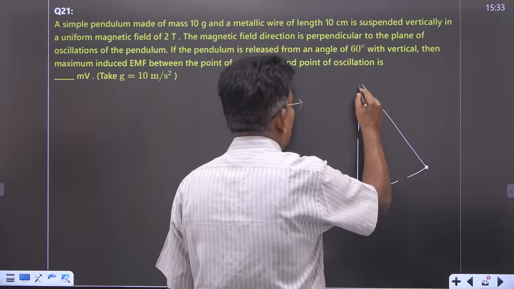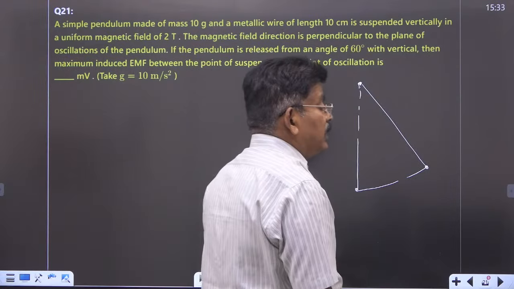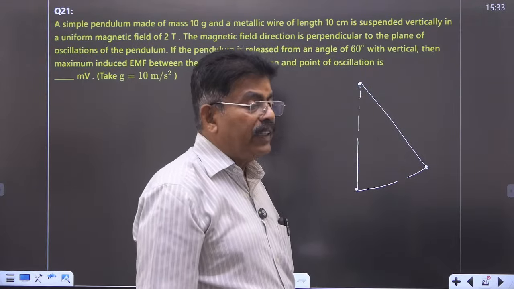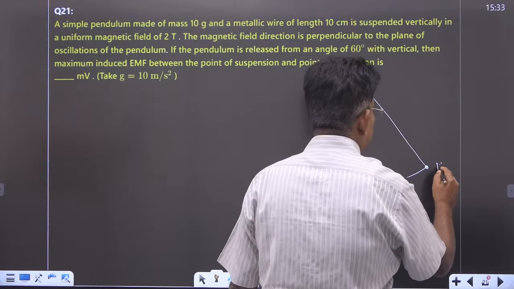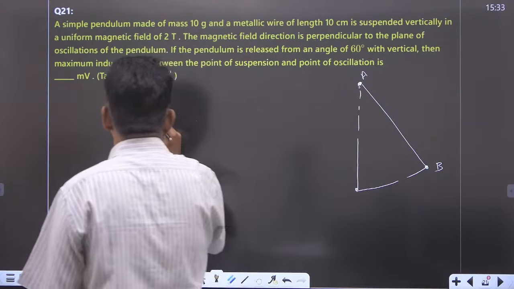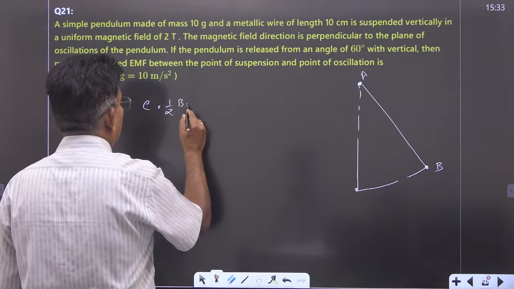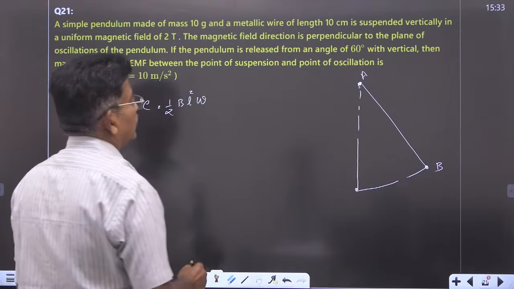This is just like a rod rotating about one end, between A and B. There is an induced EMF developed. We have a ready-made formula, half B L square omega.